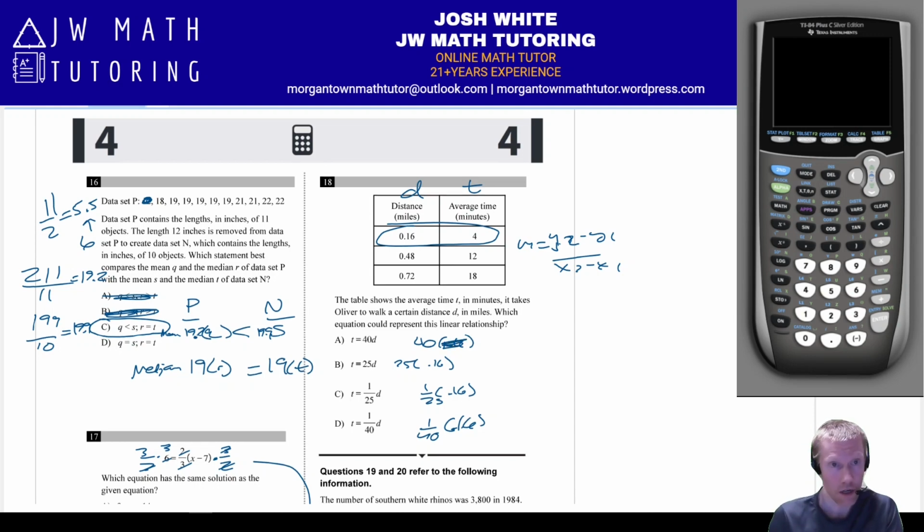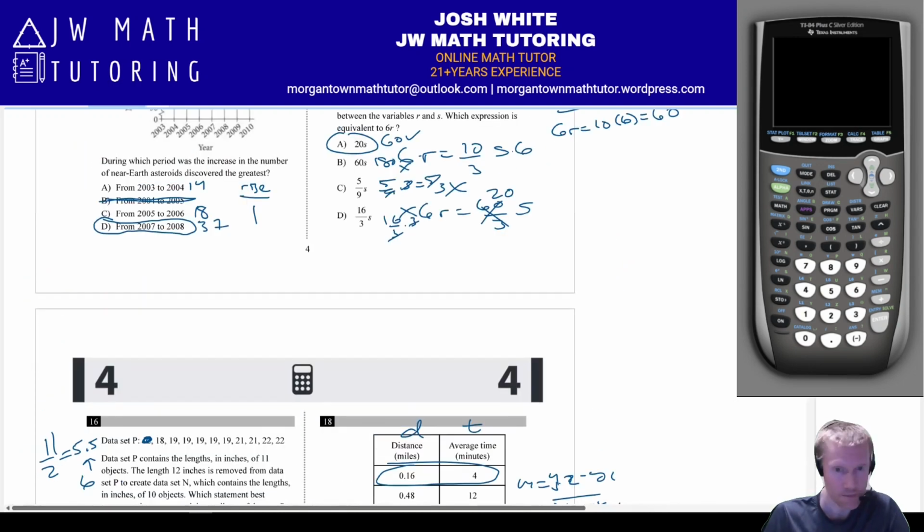It should be 0.16, not 1.6. So the only one that works out correctly is going to be B right here. And that's the correct answer to the problem. You do the rest of these, 1/25 times 0.6 is some ridiculously small number, and then 1/40 times 0.16, again, an even smaller number. 40 times 0.16 is going to work out to be 6.4, which is not correct.